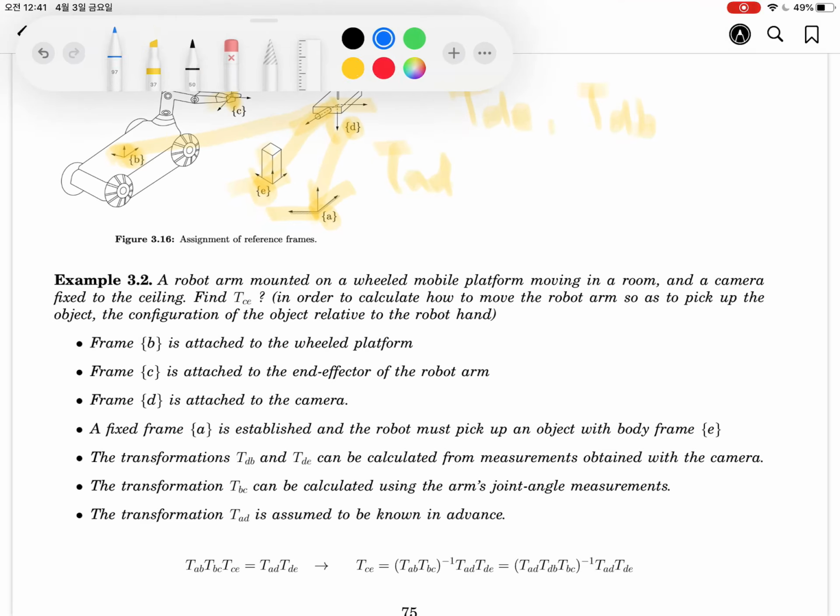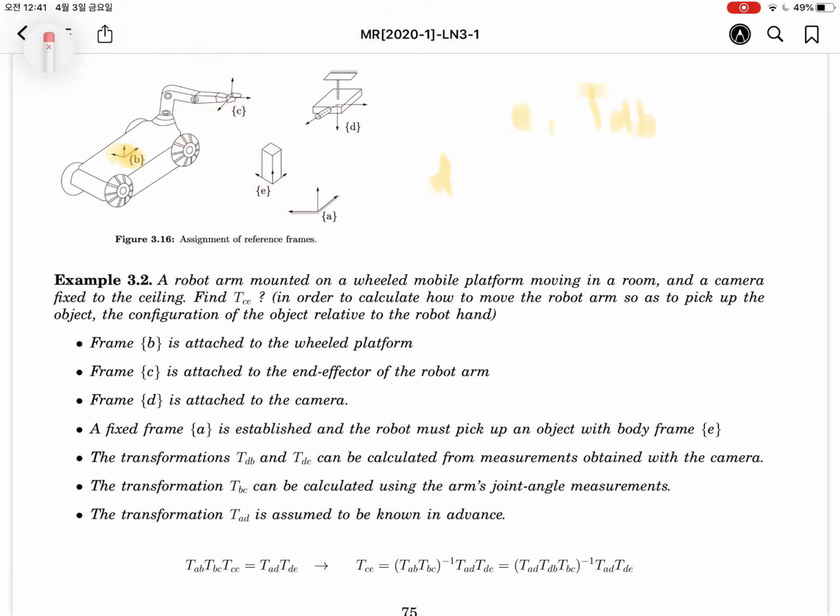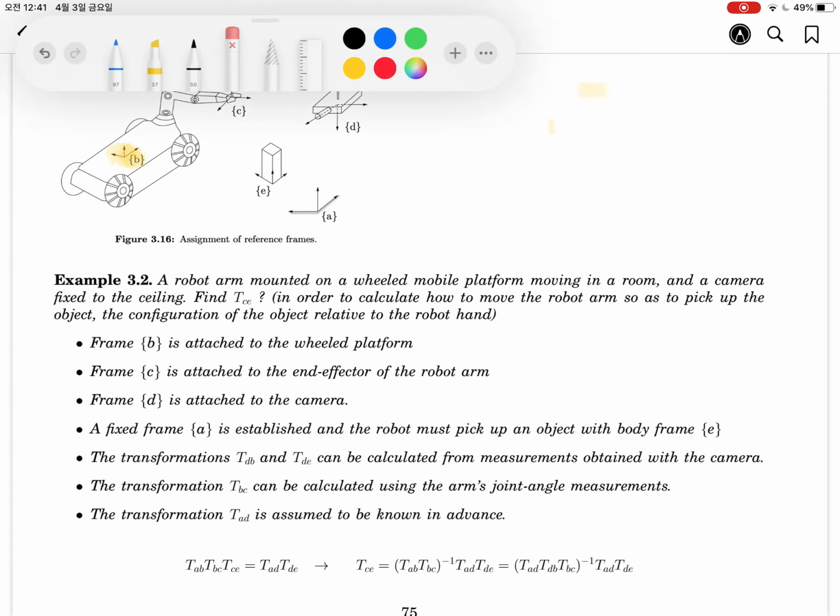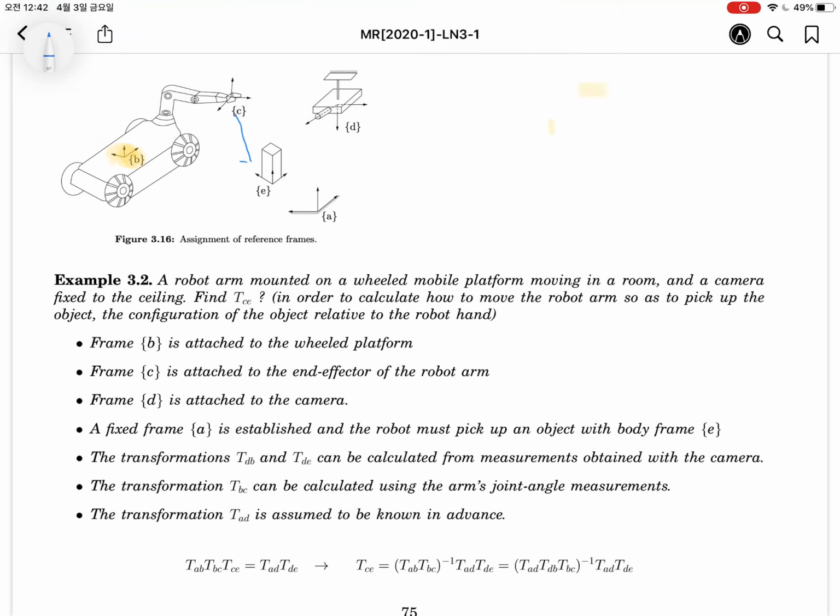Okay, here the final target is how to obtain the TCE. Okay. In order to obtain this transformation, let's apply the loop system. Okay, TAB and TBC and TCE can be used to obtain the transformation.